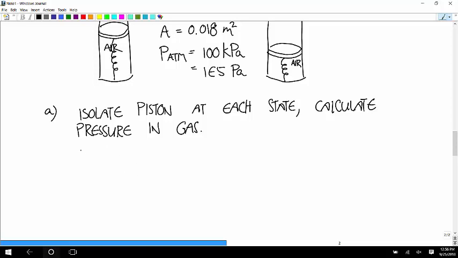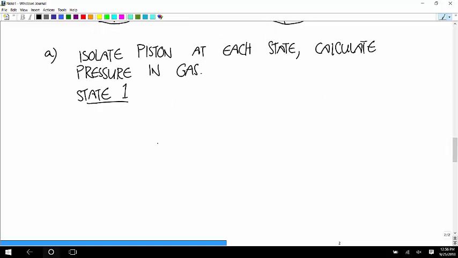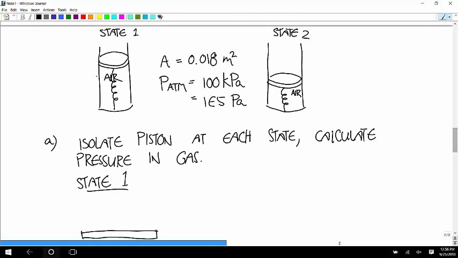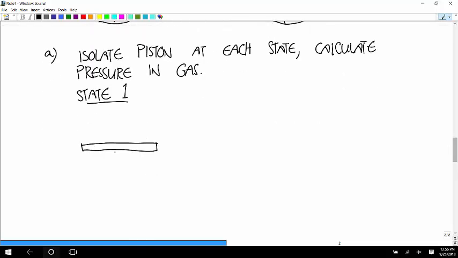So if you draw a free body diagram for state 1, that spring is applying a downward force, and the magnitude is 900 newtons.